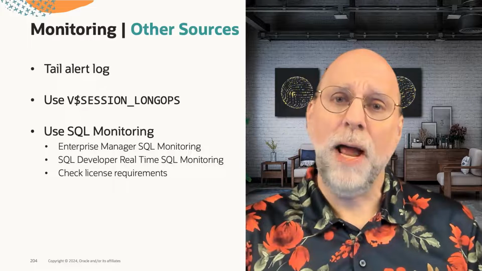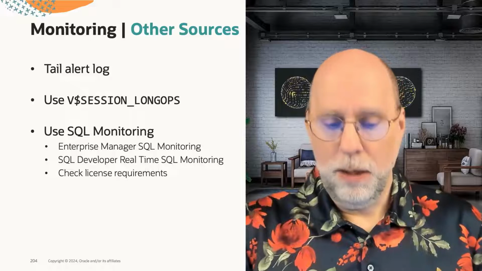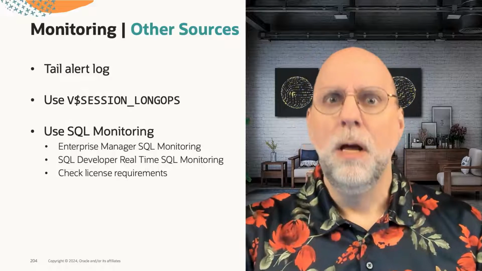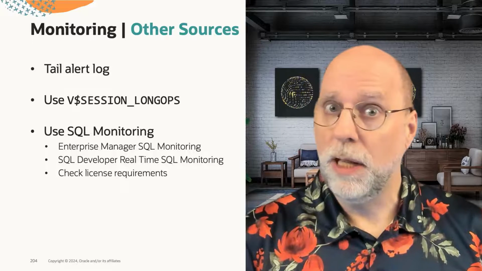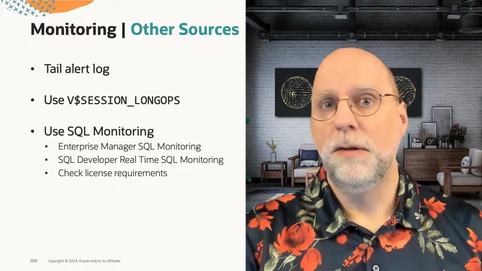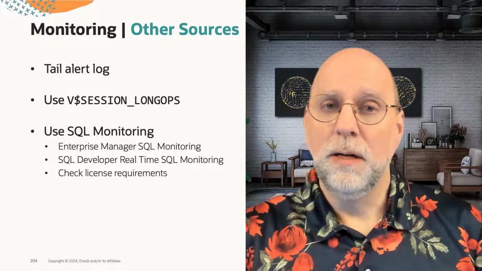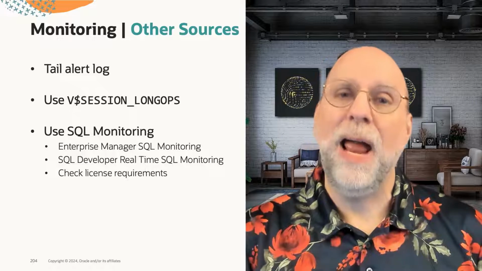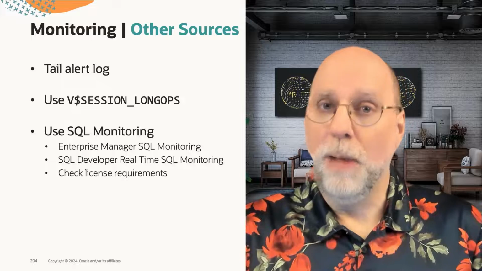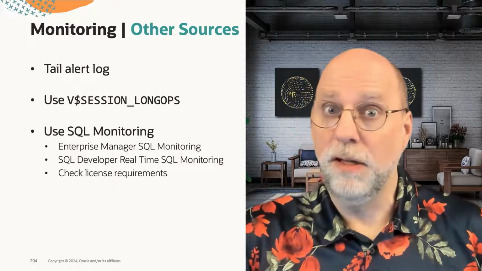And of course, if you have the tuning pack, you can use SQL monitoring. That's either diagnostics or tuning, or it might be included if you're in the cloud environment. That's included with a lot of the levels of, say, OCI cloud subscriptions that you might have. So check your licensing documents to see whether you have access to SQL monitoring. That's the best insight that you can get into individual long-running SQL statements.